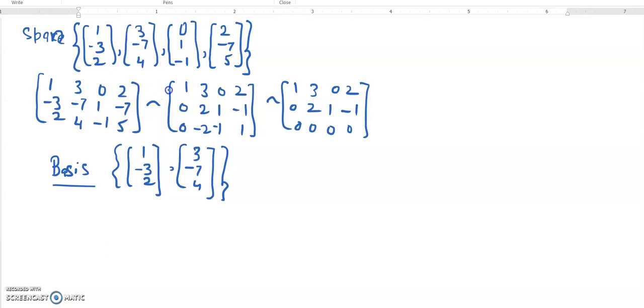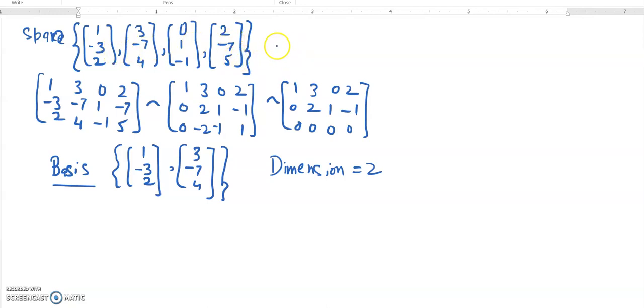From these two vectors we can get (0, 1, -1), and we can also get (2, -7, 5), by appropriate multiplication with some numbers. So this is the idea of the basis, and the dimension in this case is 2, although 4 vectors have been given, which does not matter.